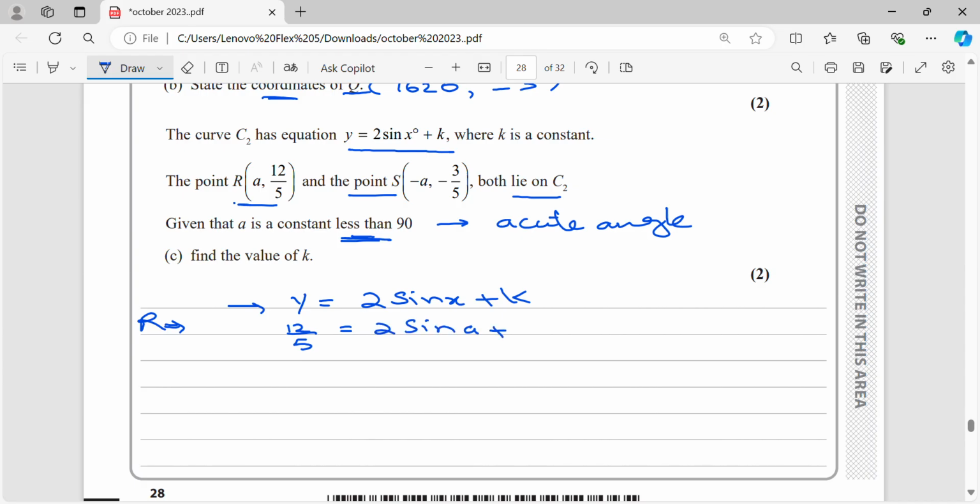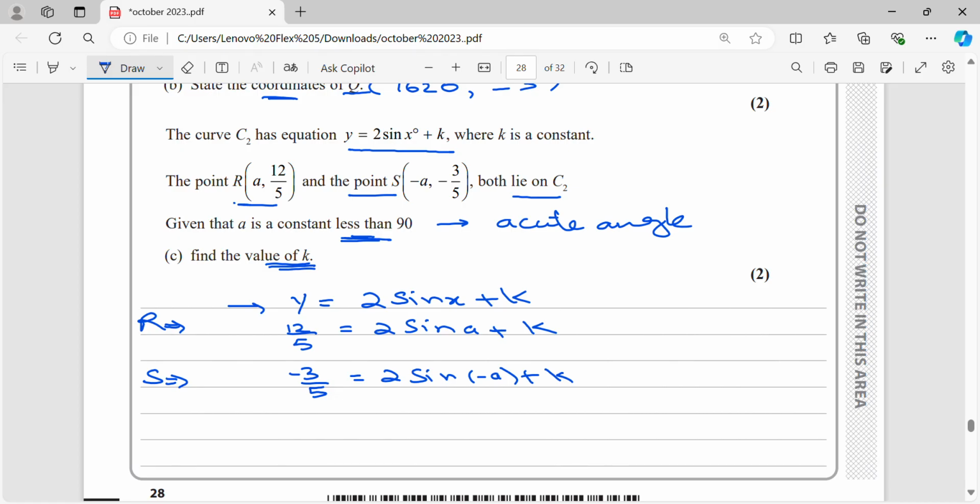So let's replace x with a, and this is the equation after substituting R. Now let's substitute point S. So y is -3/5 and 2 sin(-a) + k. I got here two equations, and now I need to find out what k is.